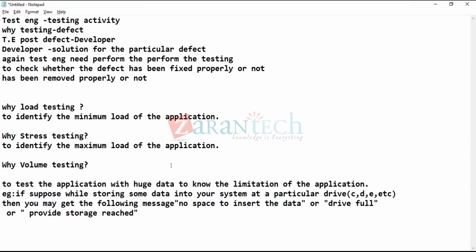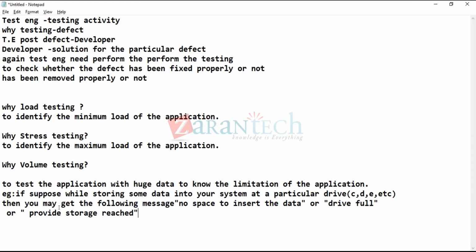Like that. Hey, in your mobile or in your system, sometimes when trying to enter the data, we may get messages, right? No space to insert. Drive is full.